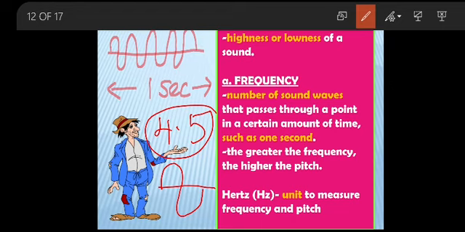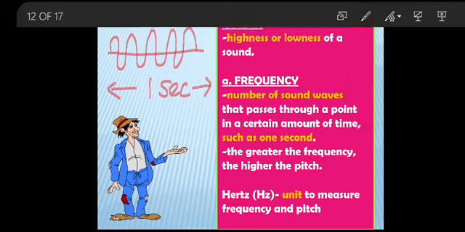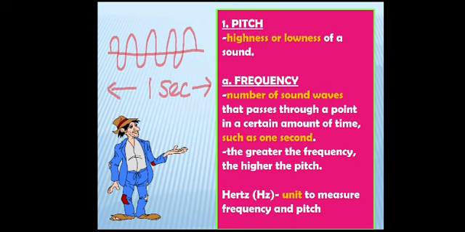Or if for 1 second the traveled waves are 100, then the count will be 100. If 1000 waves traveled, it means 1000 frequency. I give a unit for frequency, that is hertz. Hertz is the unit of frequency named after the person who found frequency. You always have to write the H in capital and the z in small as its symbol.